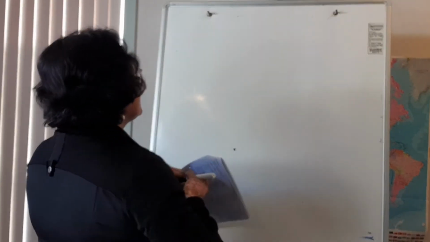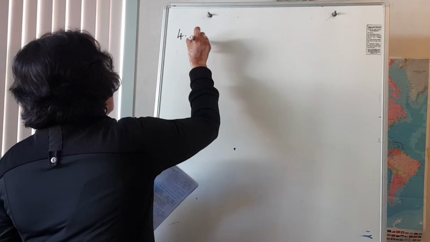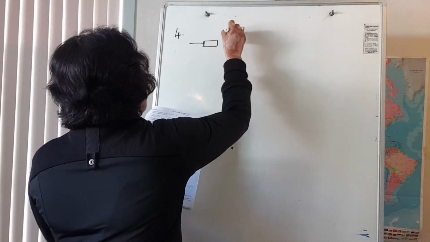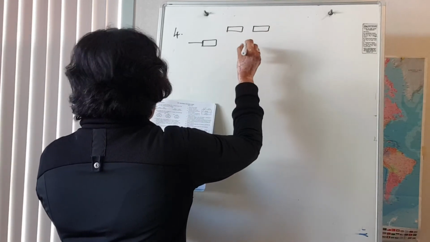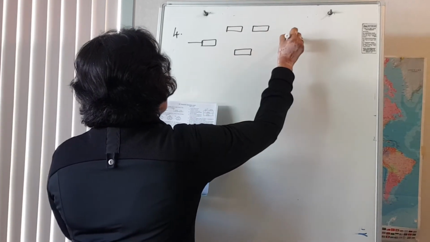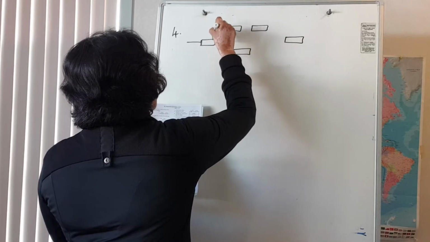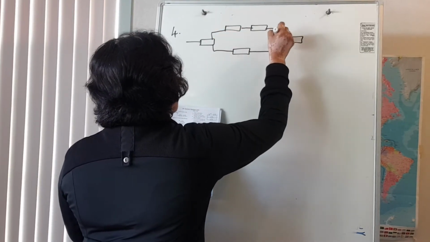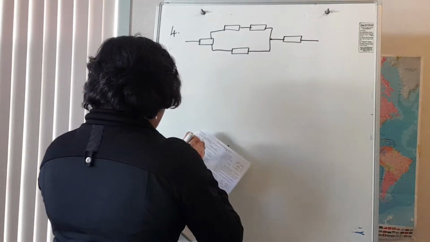So this is question 4. You've got one resistor here, a couple there, one here and then one there. Okay, let's get some values.